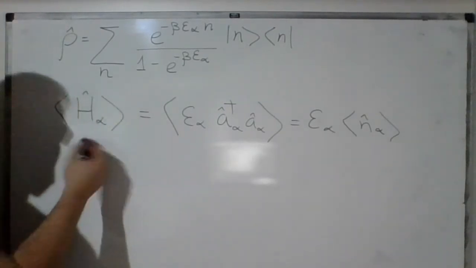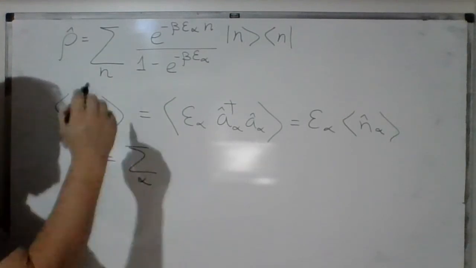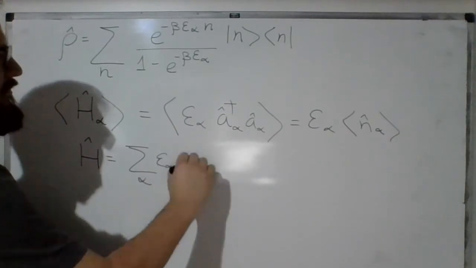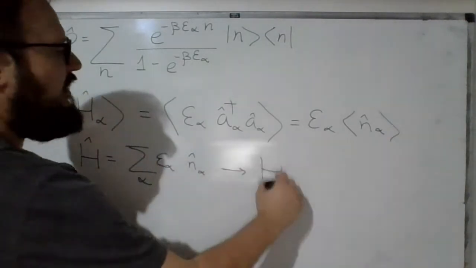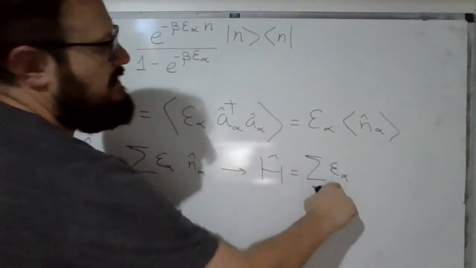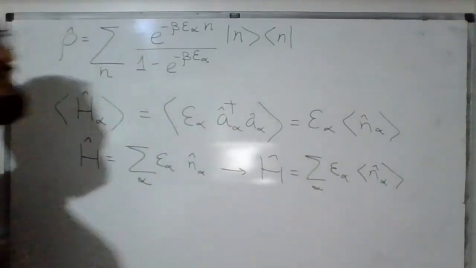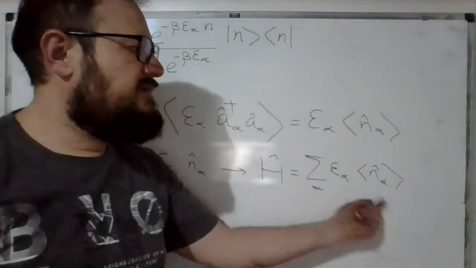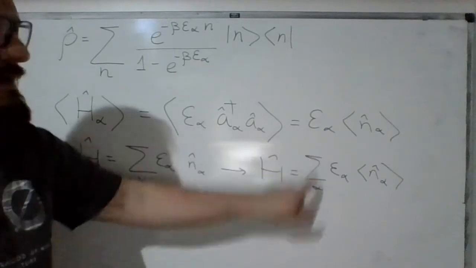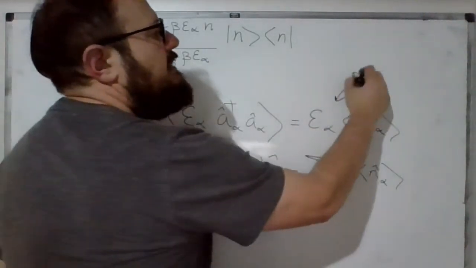Of course, the full average of the Hamiltonian, which is the sum over all the states alpha, is just the summation over alpha of the energy of the state times the average of the number in that state alpha. So this is for a particular alpha. Here I am summing over all the states.